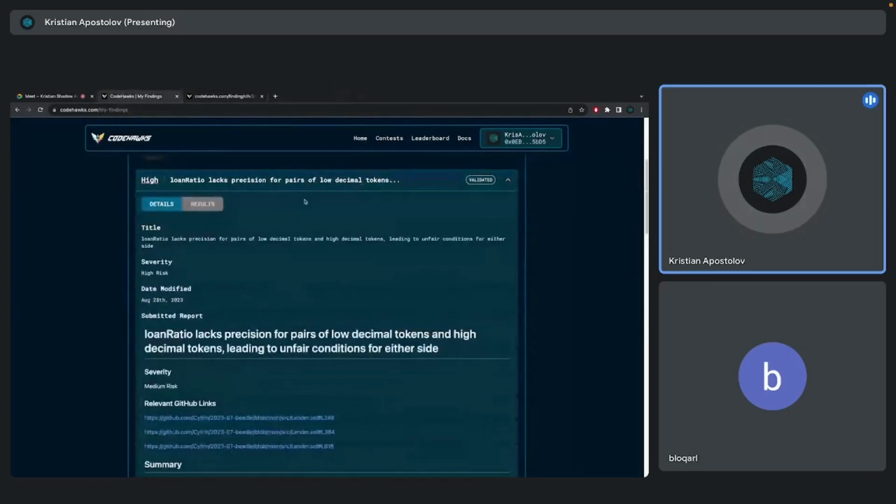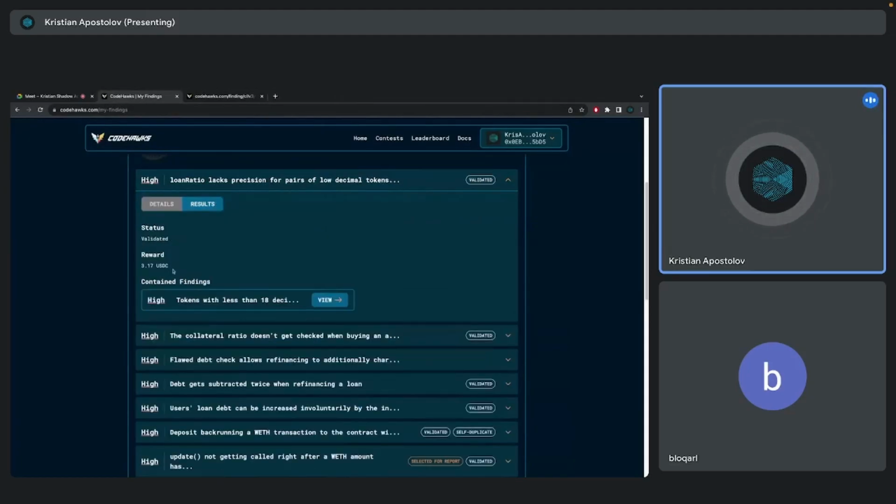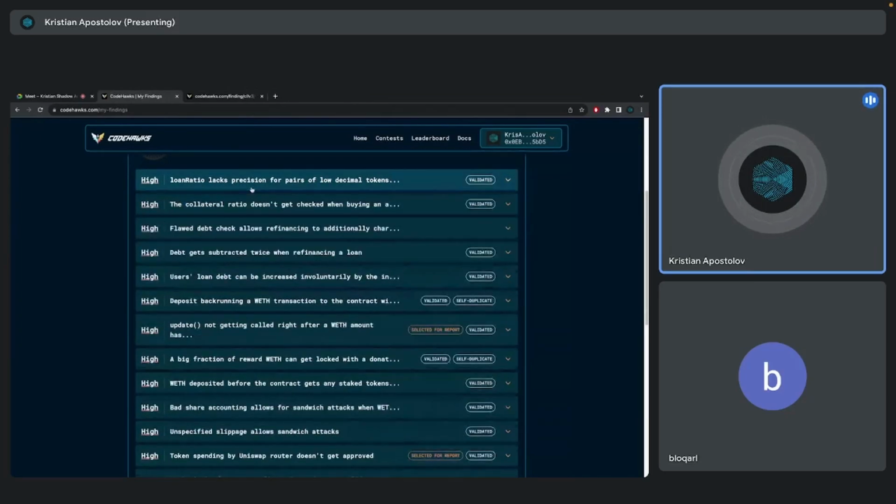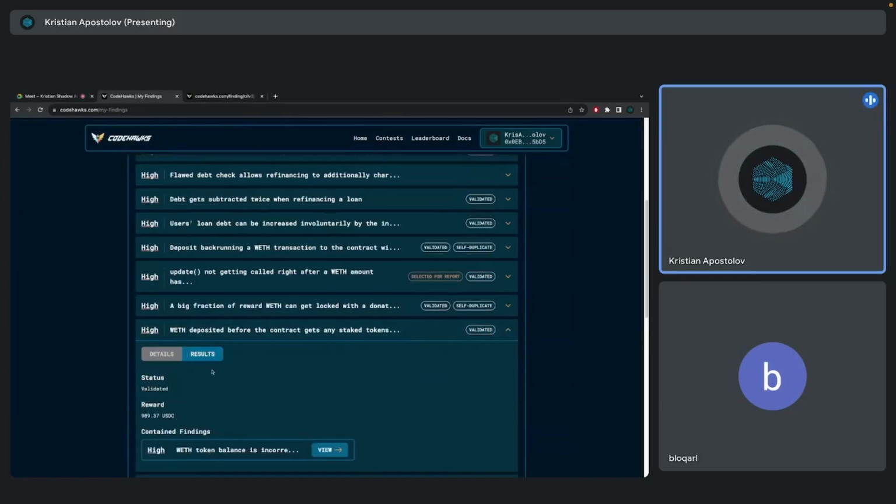And then we got loan ratio lacks precision for pairs of float decimal tokens, and we got $3 for it. Again, the issues regarding decimals and different tokens and Uniswap are very trivial and people don't pay that much for them.